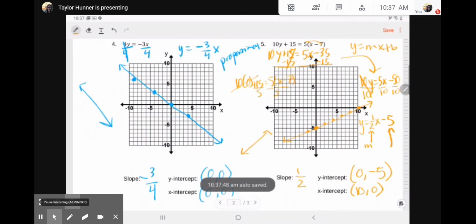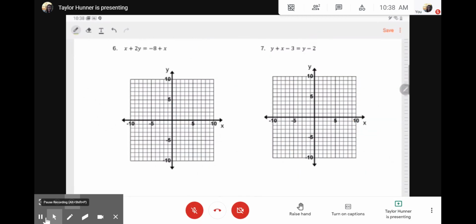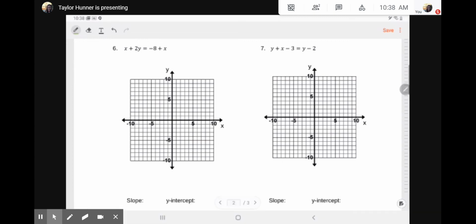If I were to divide by 15 on both sides, I get 3 equals x minus 7. x has to be 10. So either way, we'll get the same answer there. So at this point, if you want to try 6 and 7 on your own, go for it. They're a little bit different, but I recommend trying them on your own and making that mistake first so that we can kind of go over what happens here.